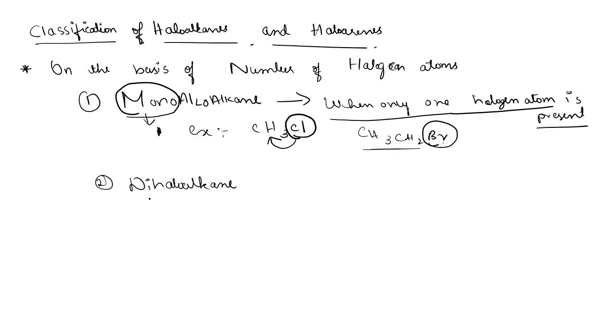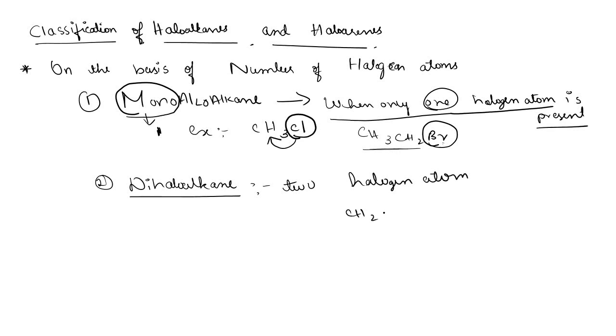So we shall see what dihaloalkanes are. Dihaloalkane is nothing but the opposite of the monohaloalkanes. In mono we are using only one halogen atom; in di we are using two halogen atoms. It's very simple.